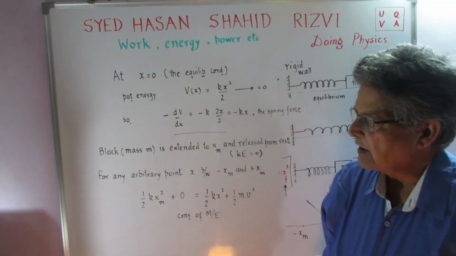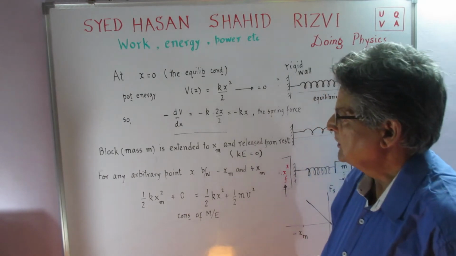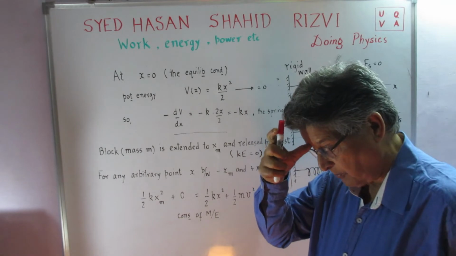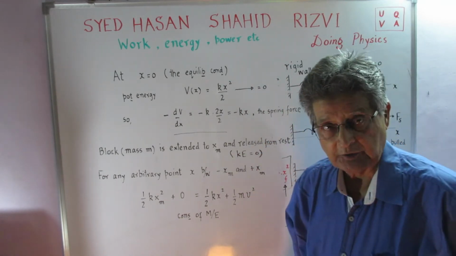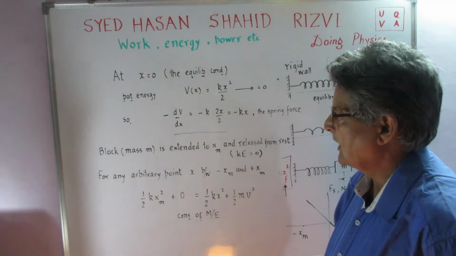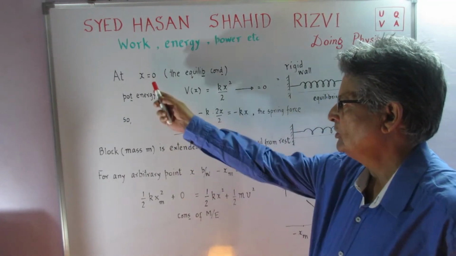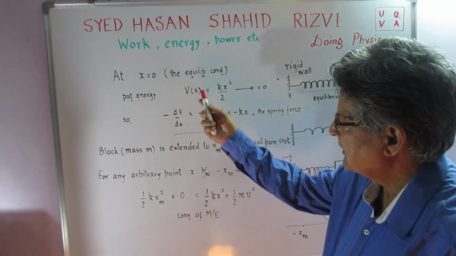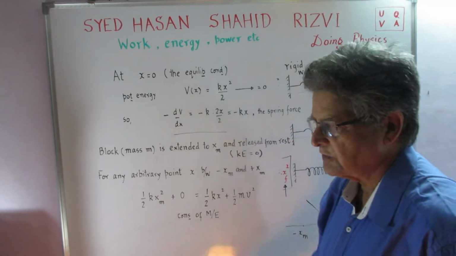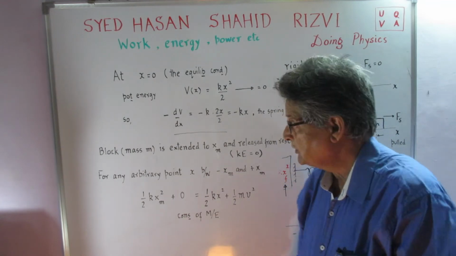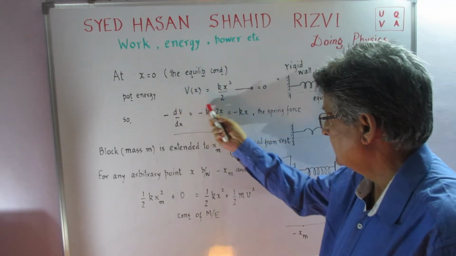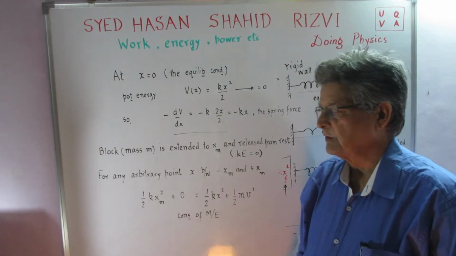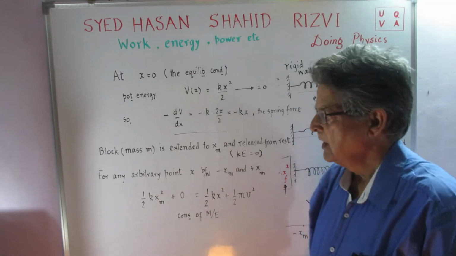So now we have established that the force under consideration in this simple problem is a conservative force. At x equal to 0, the equilibrium position, the potential energy function V(x) can be written as kx squared by 2, which is of course a scalar, and from it we obtain the force vector.